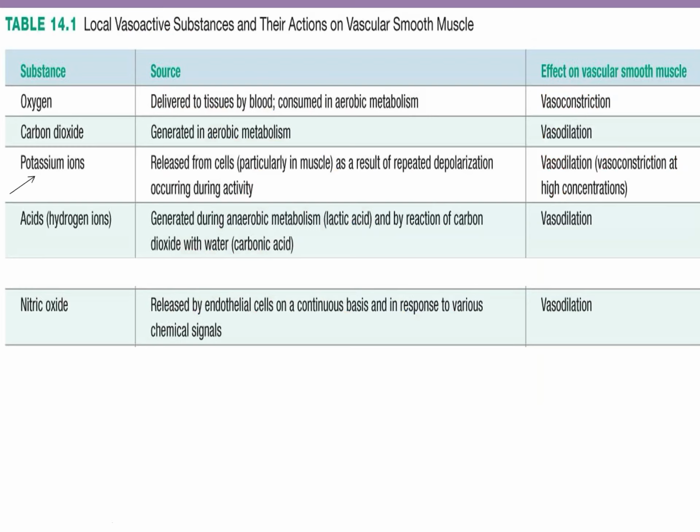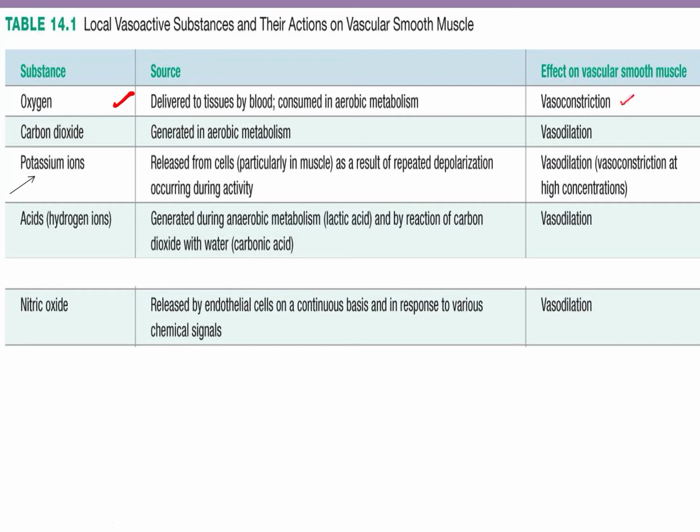There are other mechanisms here. So there are chemicals that can also act locally on these blood vessels. Oxygen, okay? So if there's a high amount of oxygen in the area, your blood vessels can actually constrict, which means that it tells the blood vessels that there's enough oxygen present that we can actually get smaller.